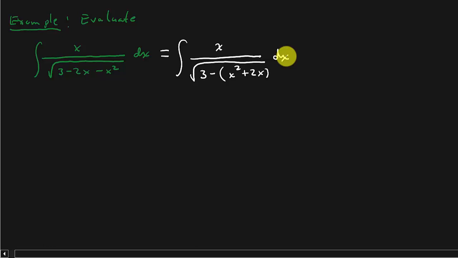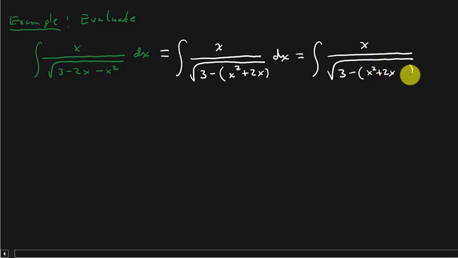And then what I'm going to do is complete the square right here. So this is going to give me the integral x over the square root of 3 minus, and that's going to be x squared plus 2x, and leave a little space. I half the 2 and square it, so half of 2 is 1, 1 squared is 1.